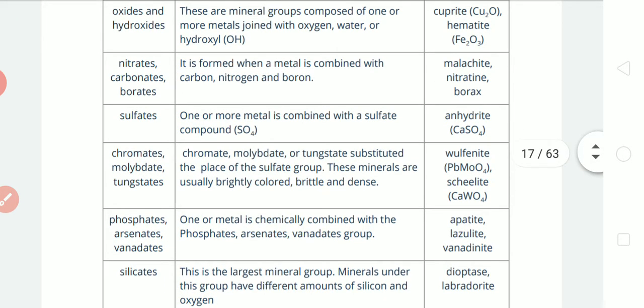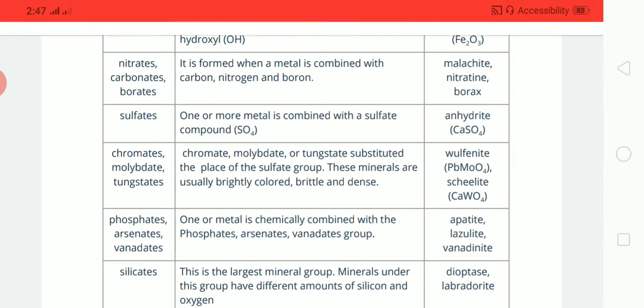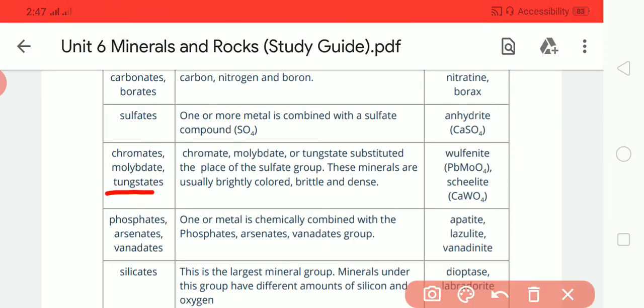Now next one is chromates, molybdates, and tungstates. So chromate, molybdate, or tungstate substitutes the place of the sulfate group. These minerals are usually brightly colored, brittle, and dense. Example, wulfenite and scheelite. Next one is the phosphates, arsenates, and vanadates.